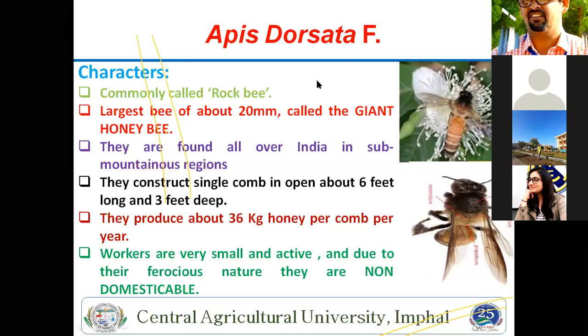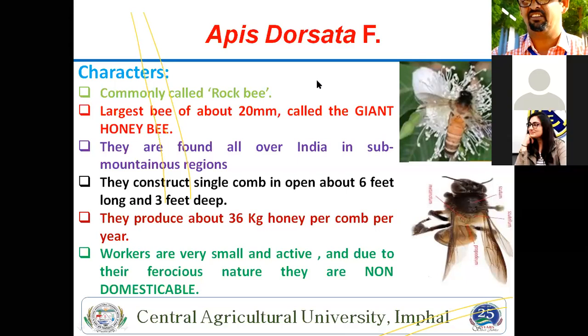This is also important, and the market rate of this red honey is very high, around 3 to 4,000 per kg. Apis mellifera and the Indian bee have only 4 to 5 and 600 per kg. This is also a difference, but it is not domesticated, so that is another problem. But its medicinal value is very good and high.